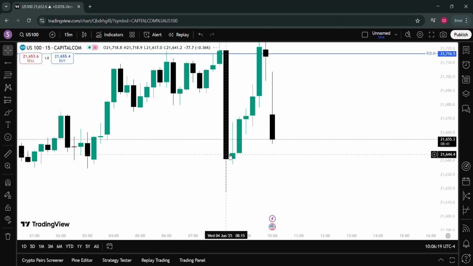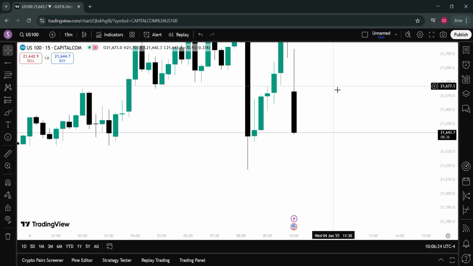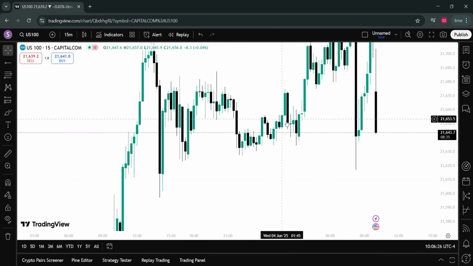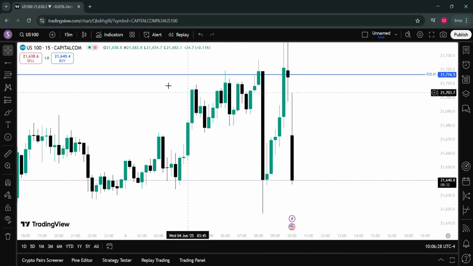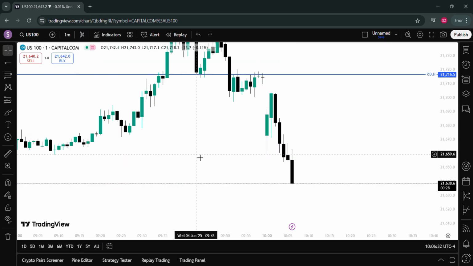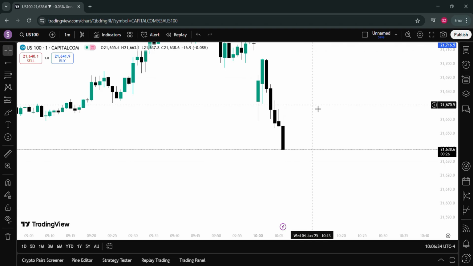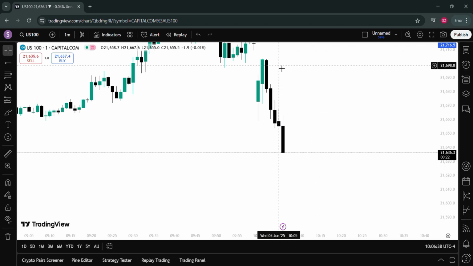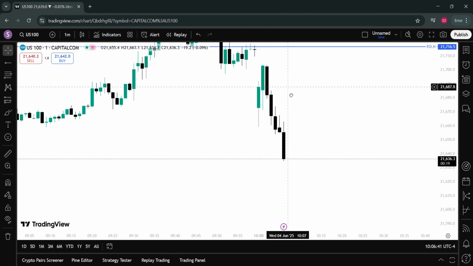Let's drop down again to 15 minutes. Let's see how the 15-minute candle closes. It will give us a look at where the market is going. And then again, we're gonna wait and wait.